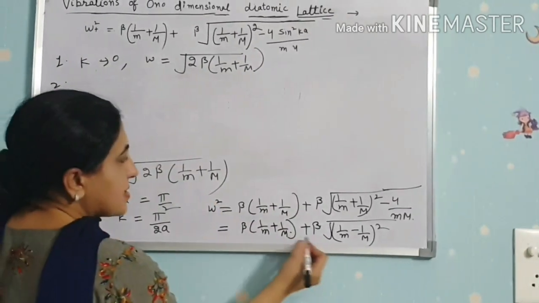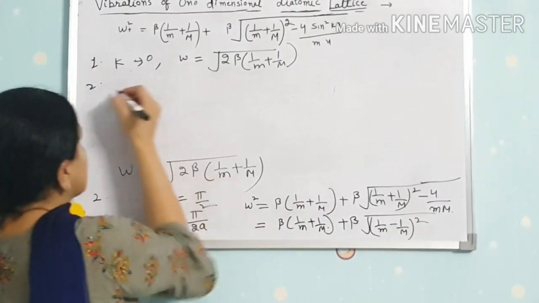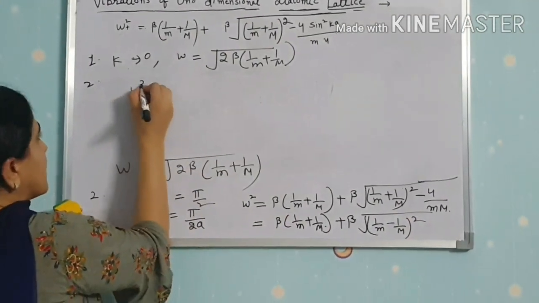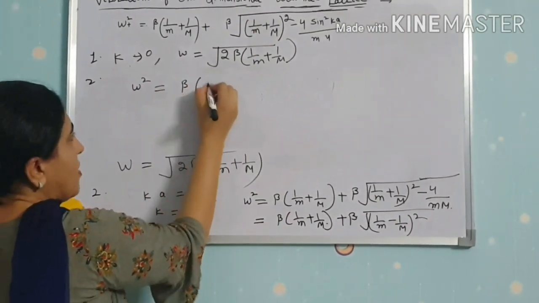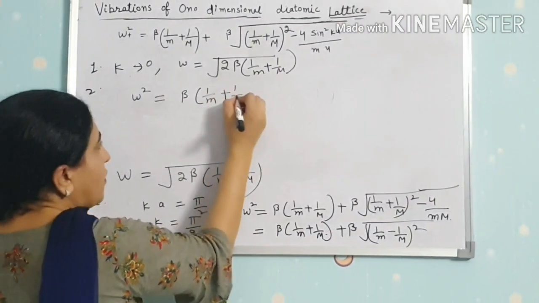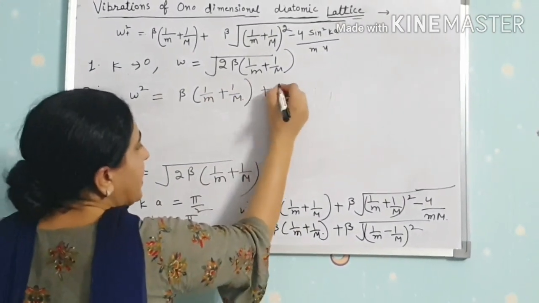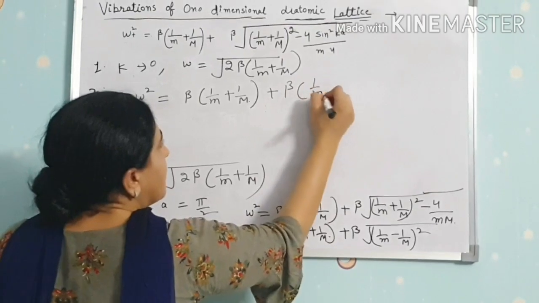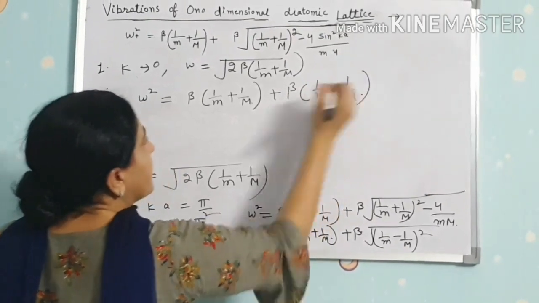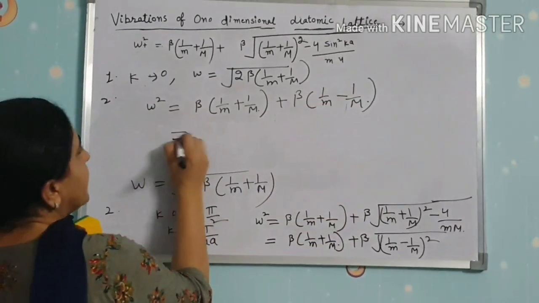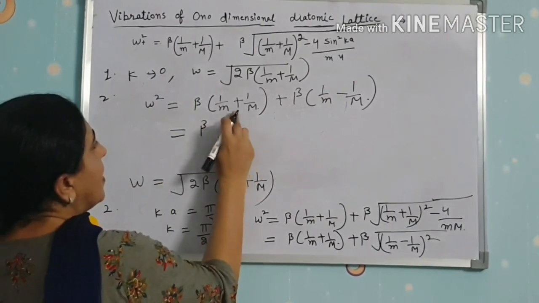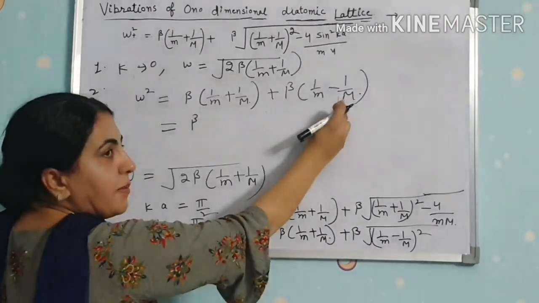Second case, yes, this goes with this. So omega square comes out to be beta times (1 over m plus 1 over capital M) plus beta times (1 over m minus 1 over capital M). Yes, what do you get? Beta, 1 over m minus 1 over capital M, this goes.